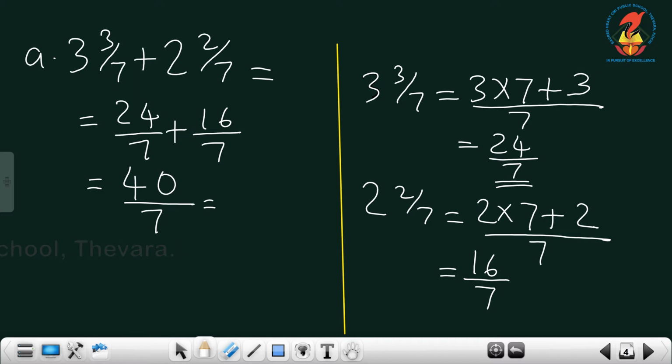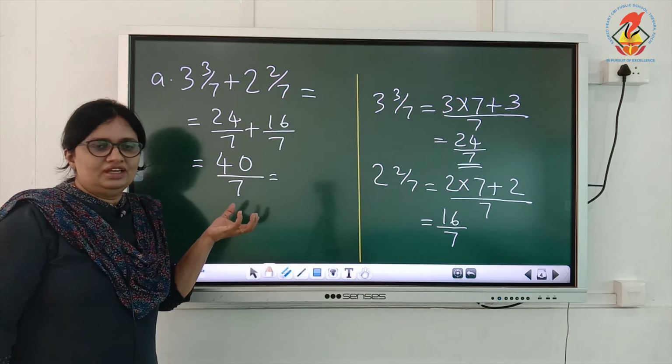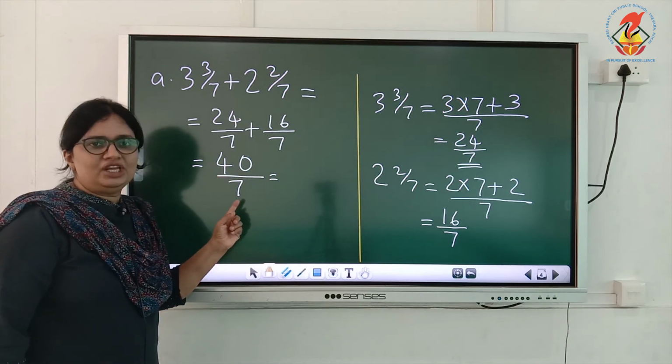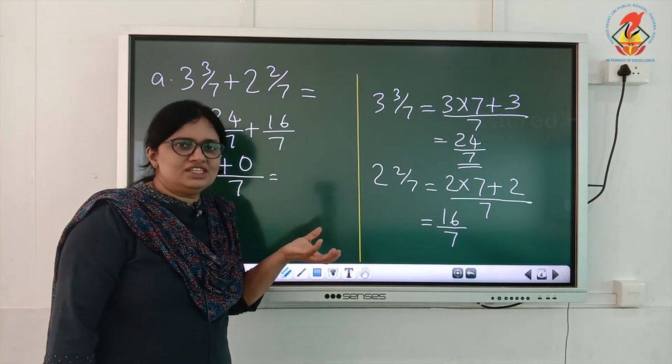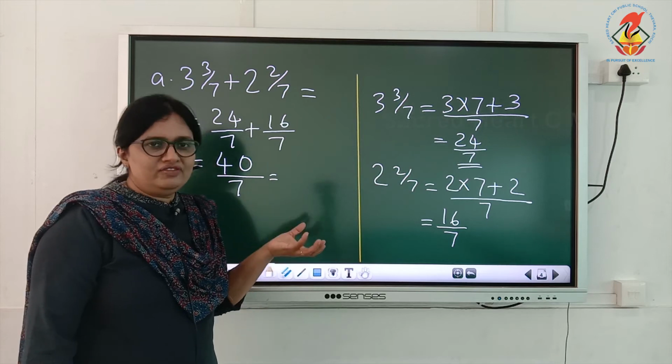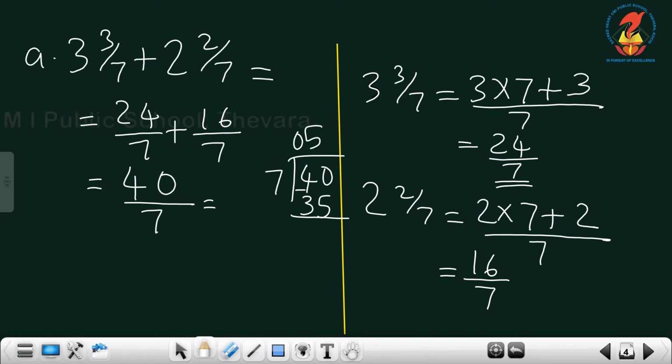40 divided by 7. See the fraction, children, that is an improper fraction. The numerator is greater than the denominator. What do we want to do? Whenever you get an improper fraction, you need to change it into a mixed number. How can we change it into a mixed number? 40 divided by 7. 7 5s are 35, subtract, you will get 5.